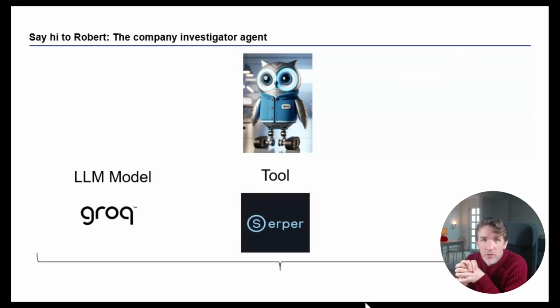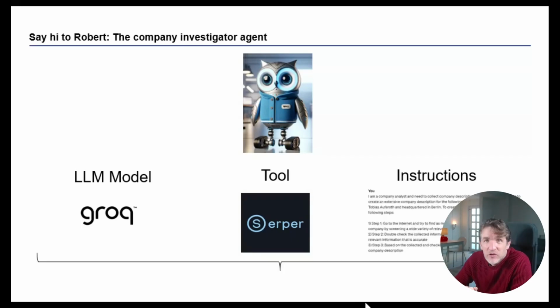If you log in at Serper, and I will show you how to do that, you can get quite some free credits, like 2000. Especially for your first experiments, Serper is a great opportunity, and we can use the Serper API key to create a web search tool that will allow Robert to go to the internet and look for information.